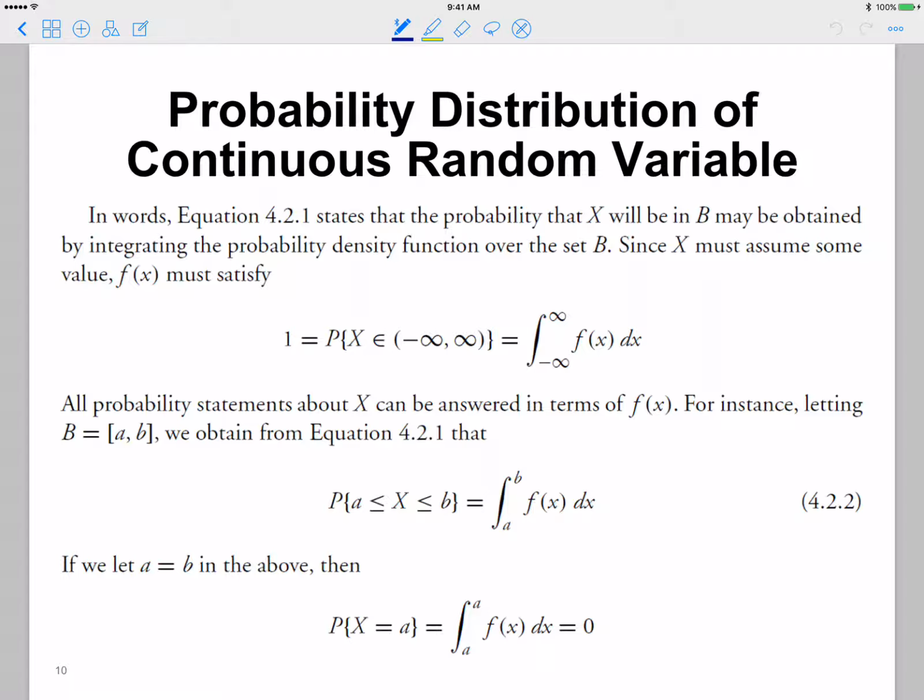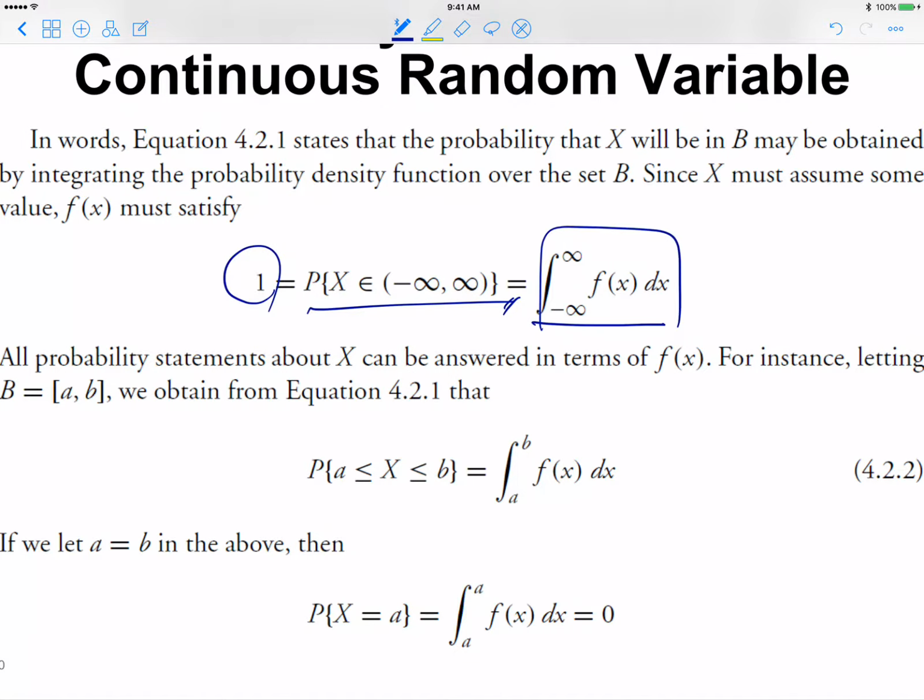Then applying some facts that we know, this guy will be 1, right? If we do the integral on this velocity function over all the possible ranges of our random variable.